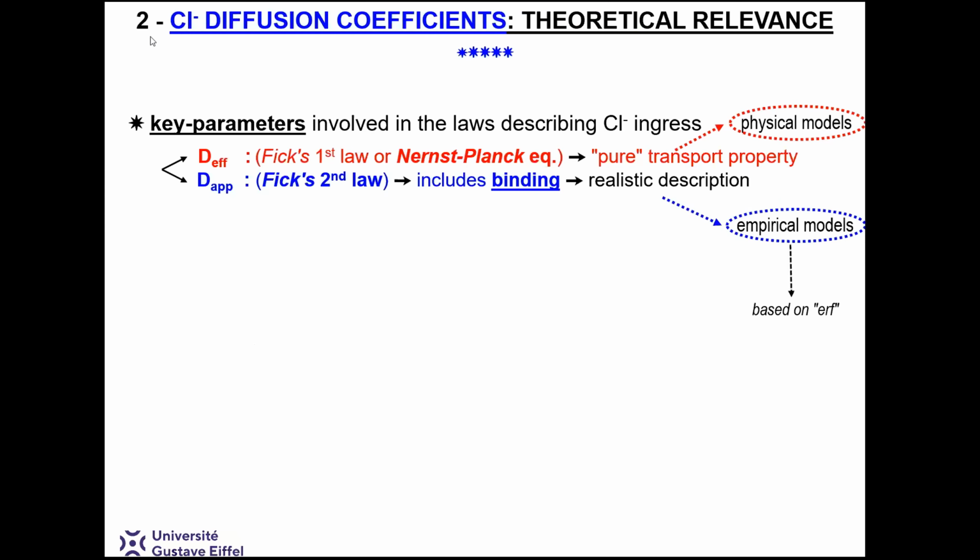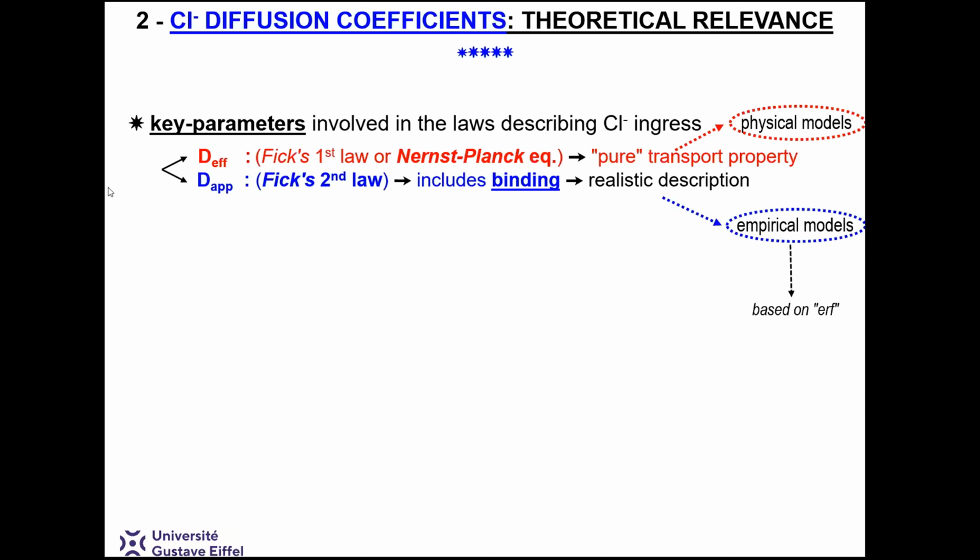Maybe other durability indicators you are very familiar with. This is the chloride diffusion coefficient. And of course, you know very well the theoretical relevance of this parameter, since it is involved in the laws describing chloride ingress.